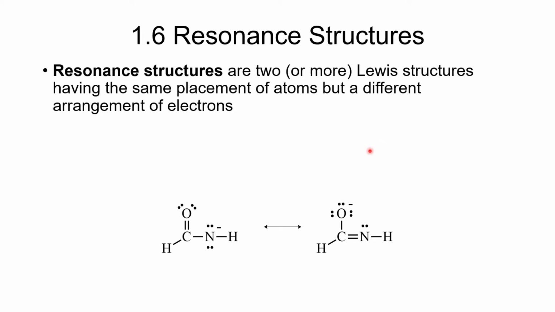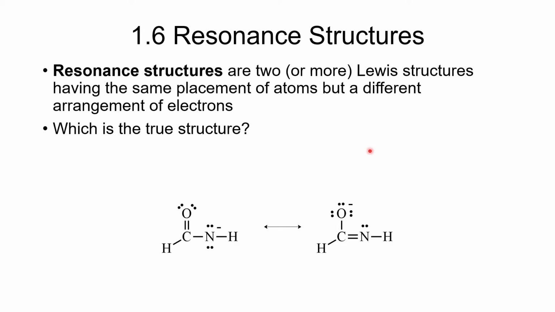And when we say a different arrangement of the electrons, we have the same connectivity. So your single bonds are all in the same place, but your second bond, which is a pi bond, again, we'll talk about pi bonds here coming up shortly, and lone pair electrons can move around. We'll also find that if there are charges, that those charges move around on the structure.